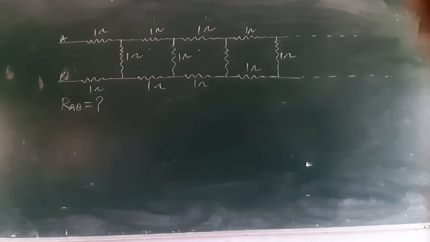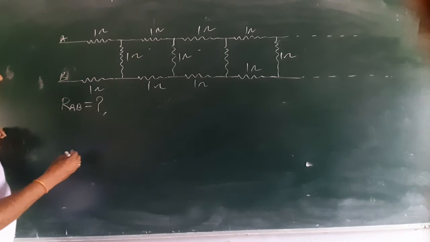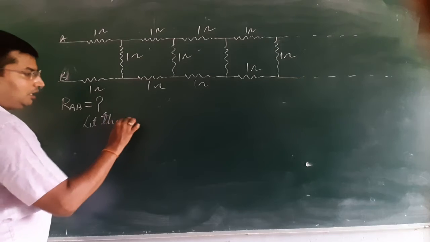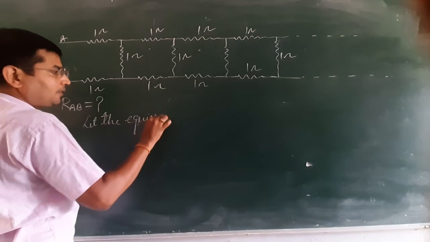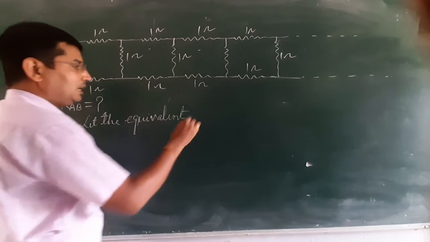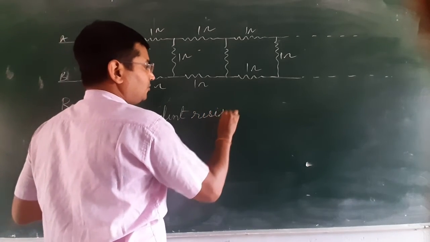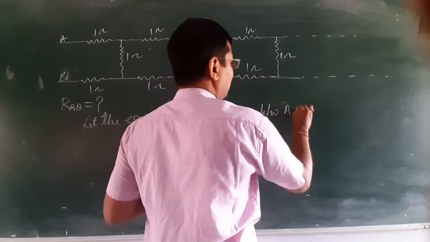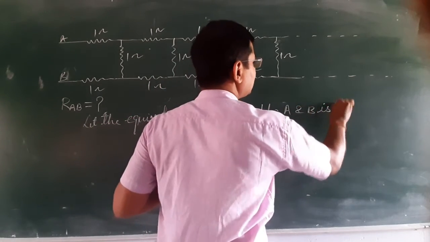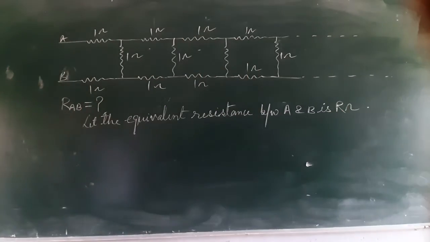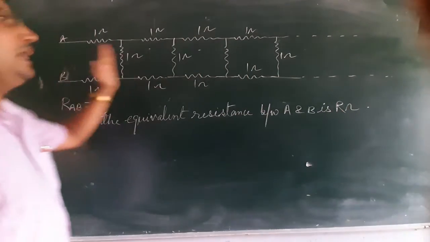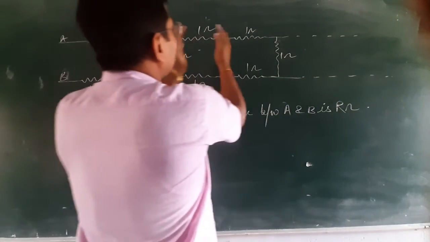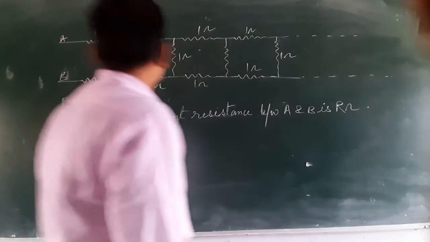So, first of all, I am assuming let the equivalent resistance between A and B be capital R ohm. This is an infinite ladder, means there are infinite steps, 1, 2, 3, 4 and so on.